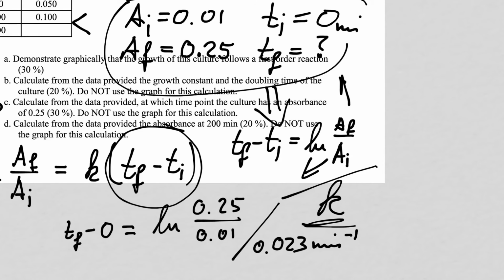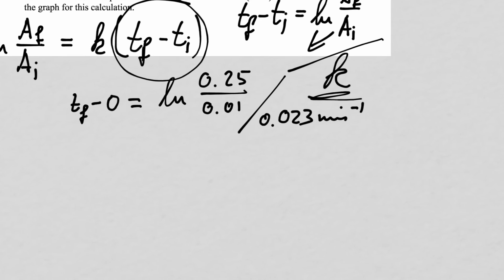So far, so good? So all I need to do is calculate that. So I have ln 0.25 divided by 0.01 is, anyone? Have I done it right? Hope so.